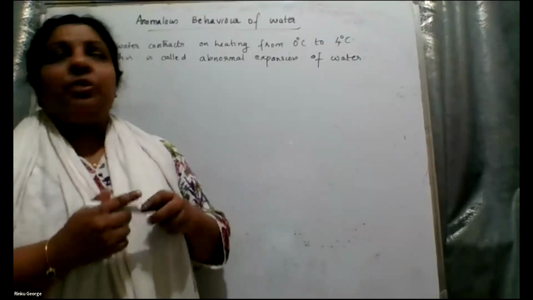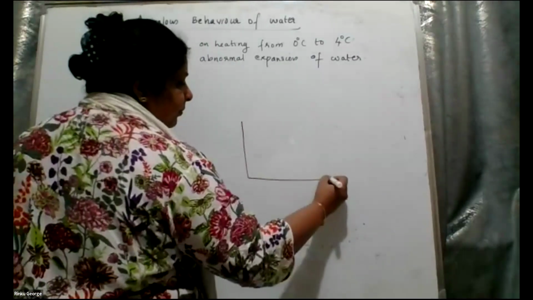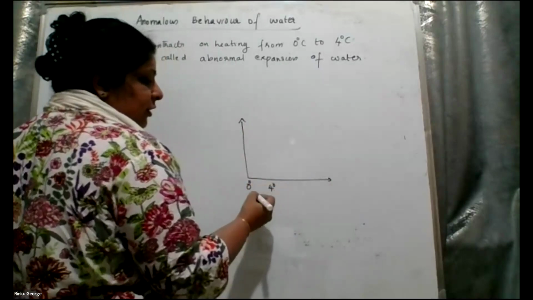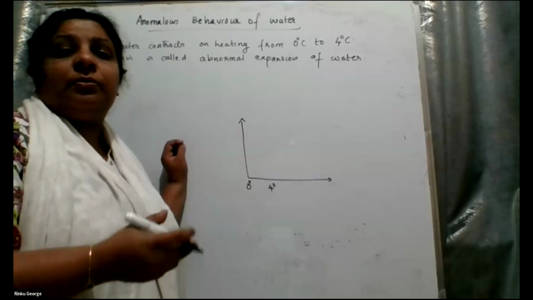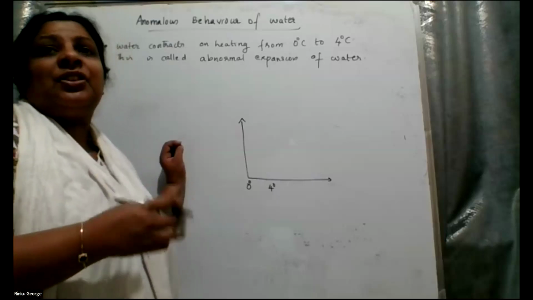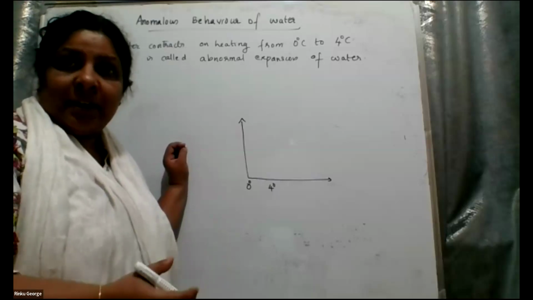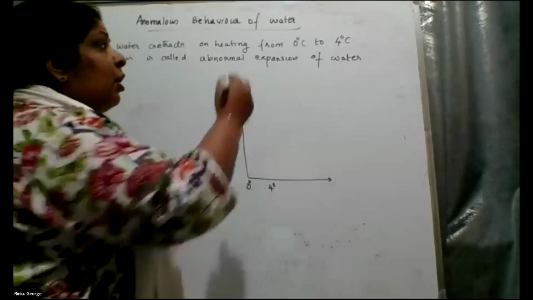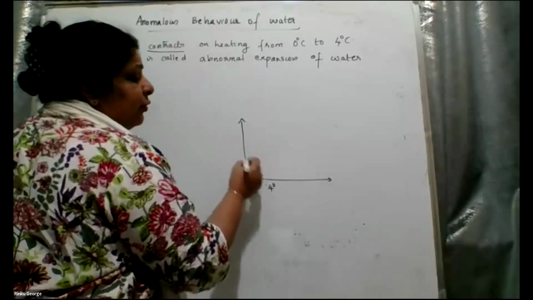So here, from 0 degree to 4 degrees Celsius, the water is supposed to expand. Normally when you increase the temperature, ice melts, that is expansion. But from 0 degree to 4 degree, water contracts on heating.